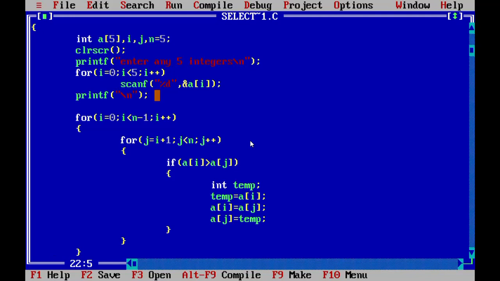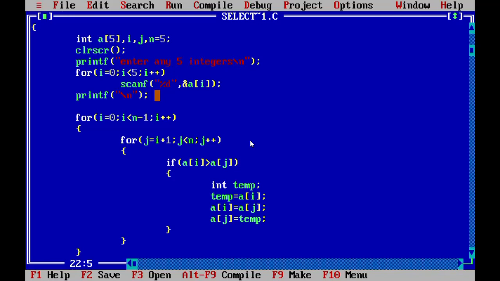Now the inner for loop is completed. Then again i plus plus will run, and i will become 1. Now when i is 1, there is no question of visiting the zeroth element. j will become 2, since j is equal to i plus 1. So now i is fixed at 1. A of 1 means the second element.